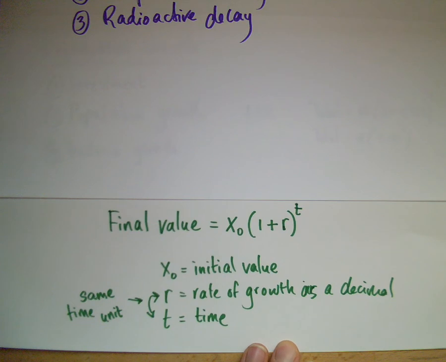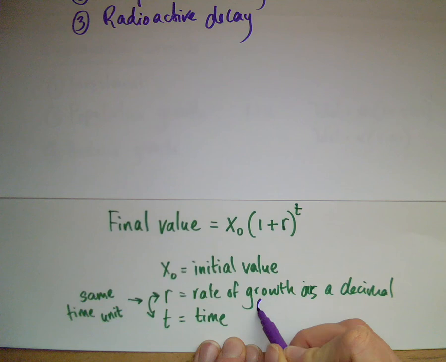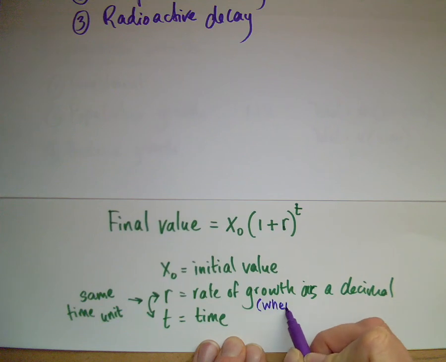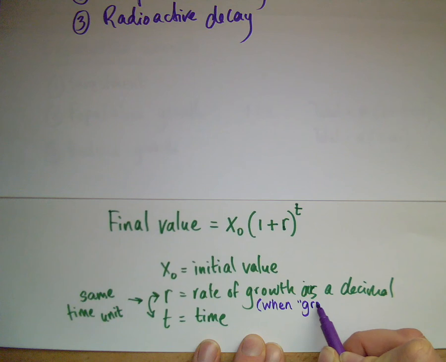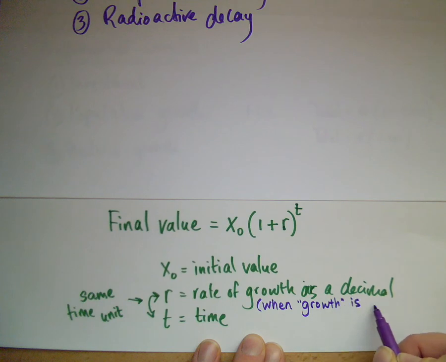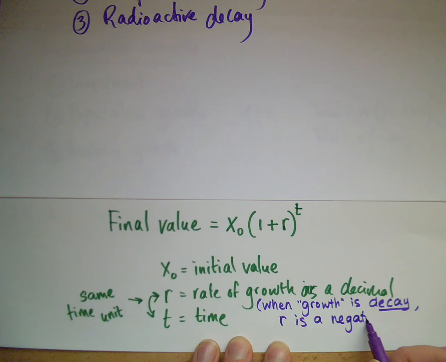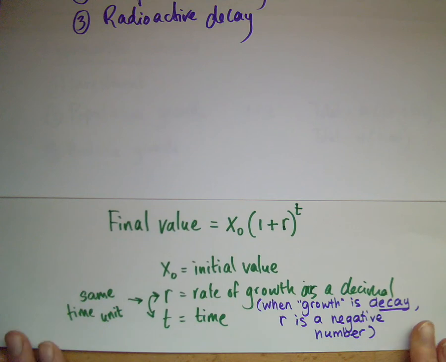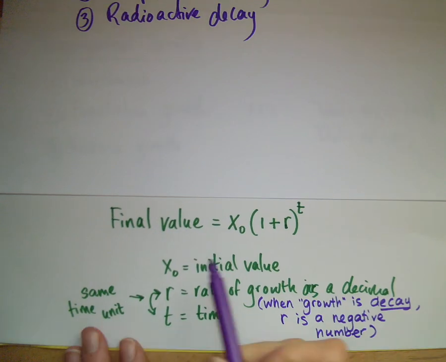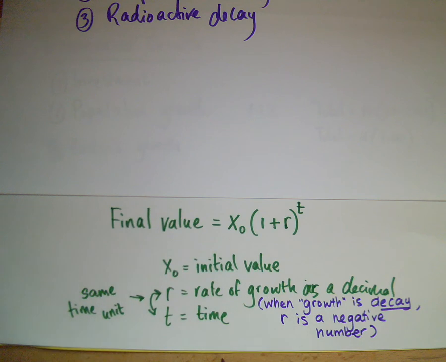So really all we need to add is when growth is actually decay, R is a negative number. So if you add this to that, then your formula is going to work for all exponential growth and exponential decay. Okay, now I think it's time to do some problems on your own to practice. Good luck.